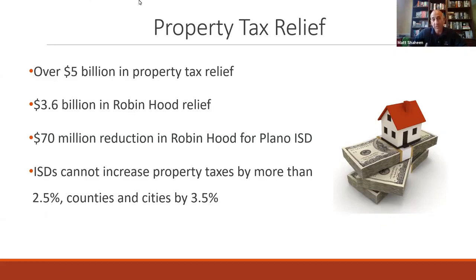We also, like what Shelby was talking about earlier, capped the growth of your property taxes. Like you said, overall it's 3.5%, and 2.5% for schools. The only way a local governmental entity can go beyond that 2.5% or 3.5% is they need your permission.